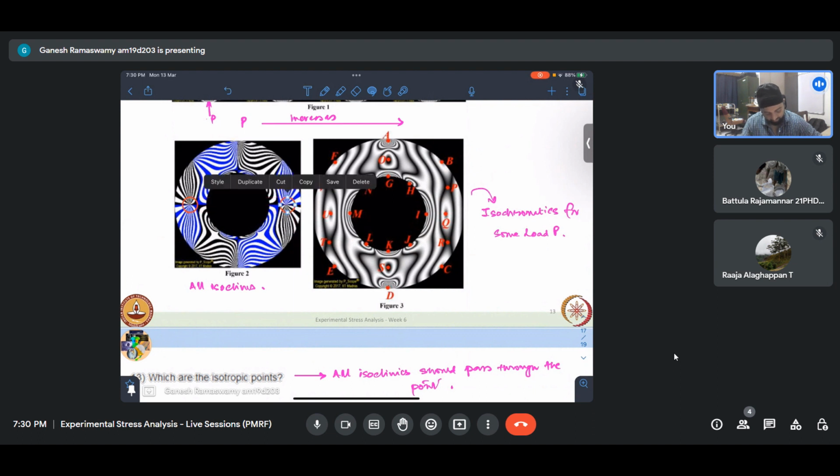Then we are able to see that isoclinics appear to meet here. Since this is an axisymmetric problem, naturally everywhere it will happen the same way. Invariant of theta.